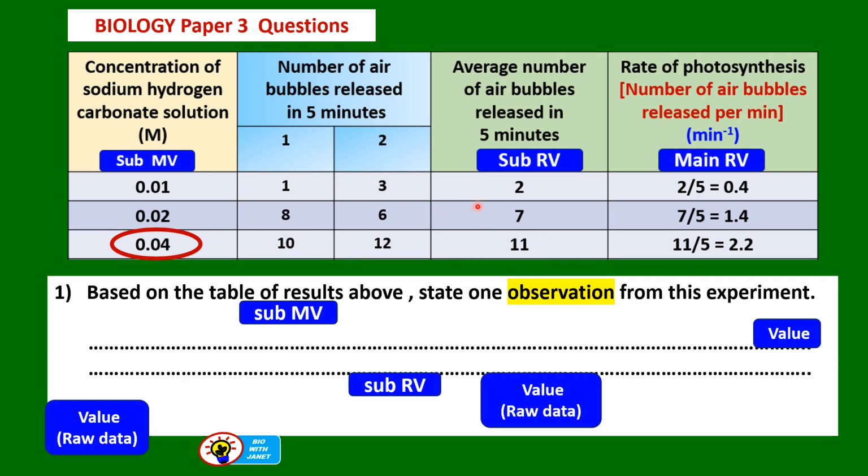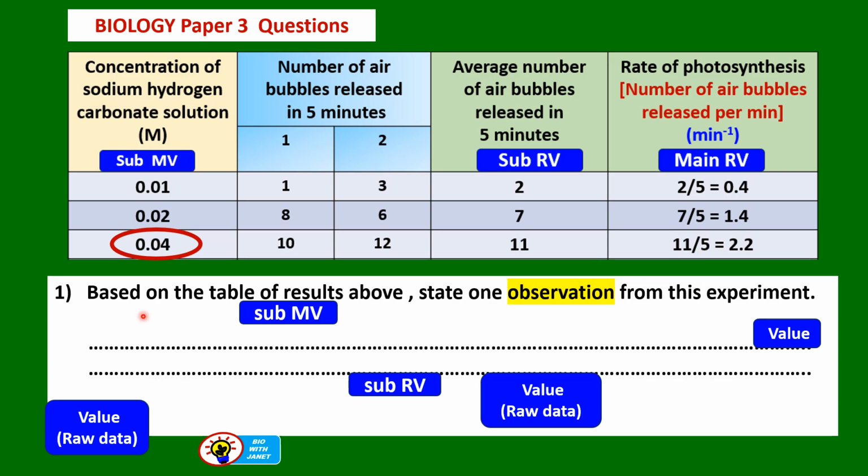Notice that when the concentration of sodium hydrogen carbonate solution is lower, the average number of air bubbles released is less, and the rate of photosynthesis is also less. But as the concentration increases, the average number of air bubbles released increases, and the rate of photosynthesis also increases.